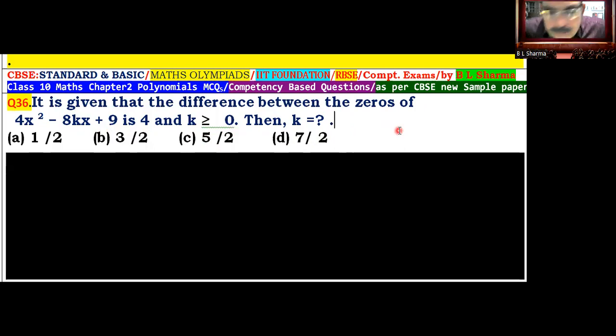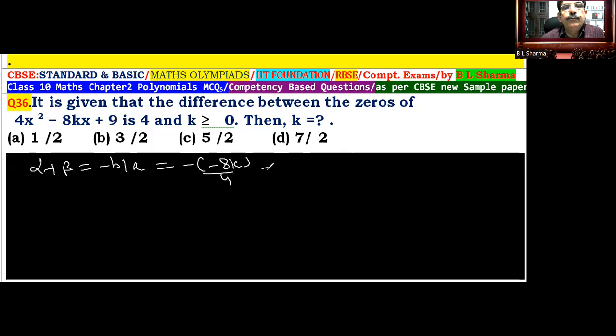We know that the sum of zeros, alpha plus beta, is equal to -b upon a, that is -8k upon 4, that is 2k. And the product of zeros is c upon a, that is 4 upon 4, that is 1.